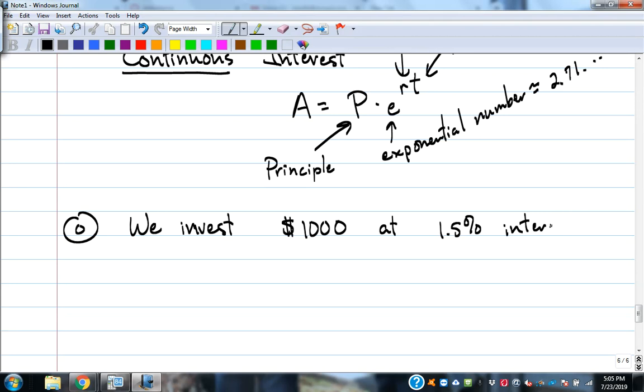Interest compounded, and here's the word continuously.